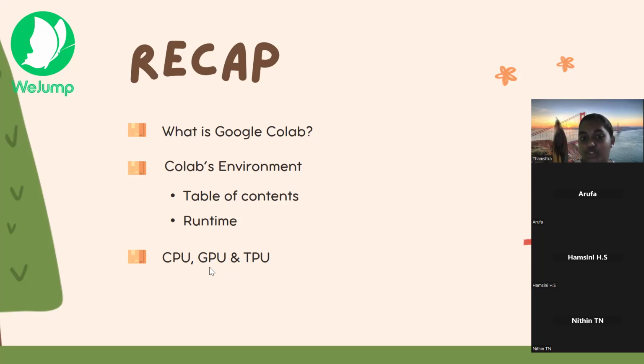And I also told you about CPU, GPU, and TPU, right? You don't need to worry about it for Python for now, but I'll just explain. These are the accelerators, and you can choose them if you want to change the runtime type. For example, if you are writing a very simple code, then CPU is enough because it's good for general tasks. If you have a more complex task, like a complex calculation, then you use GPU.